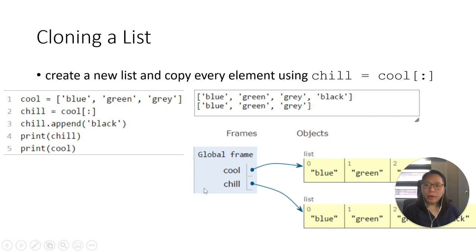So here we create a name chill that is bound to a new list object which has the same elements as the list object of cool. If we do mutation with cool, chill remains the same. If we do mutations with chill, cool remains the same, because they are different objects.